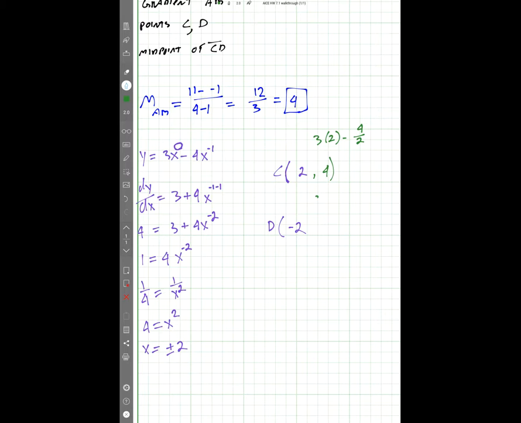And then do the same thing: 3 times negative 2 minus 4 over negative 2. It's negative 2, negative 4. So there are points C and D.